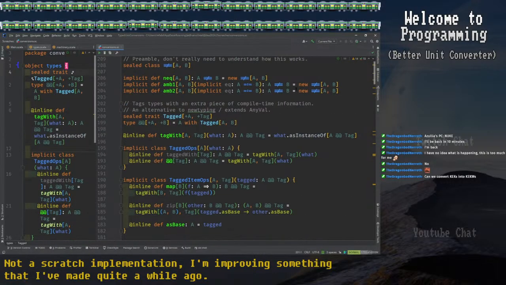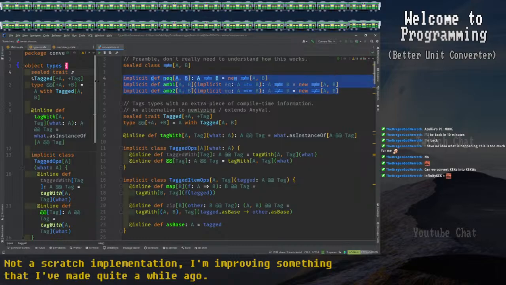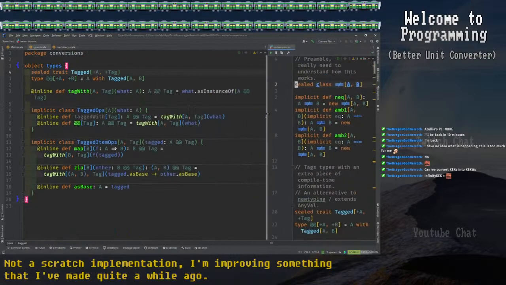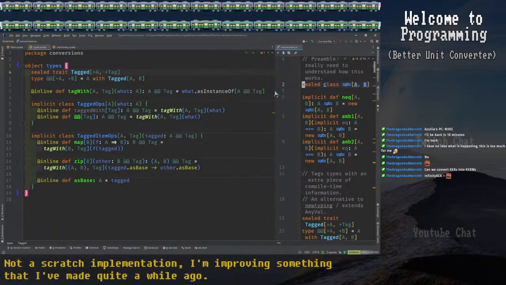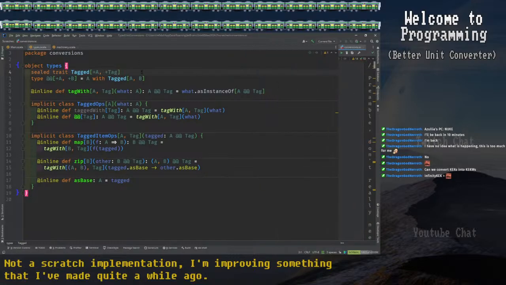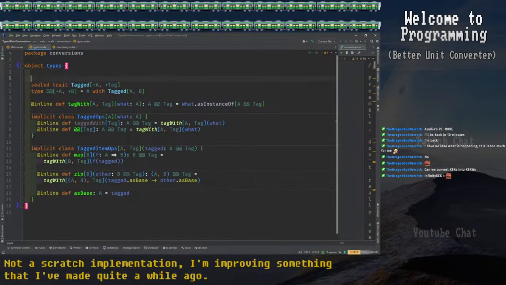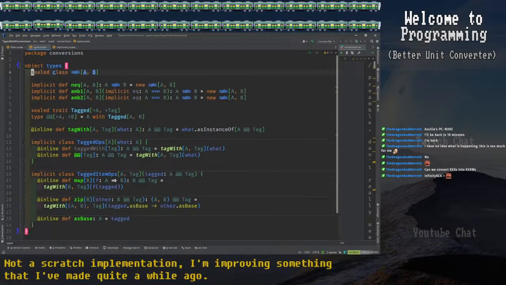So this is now a simple piece of machinery, a simple way that we can check if two types are in fact the same type or not.